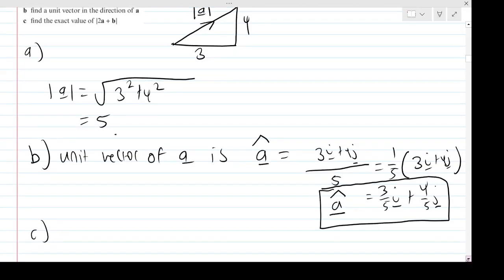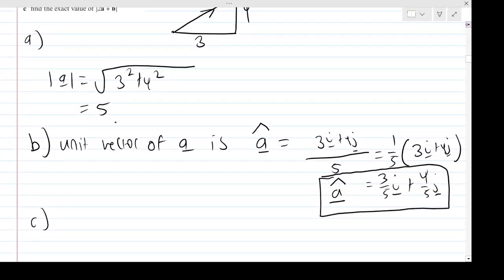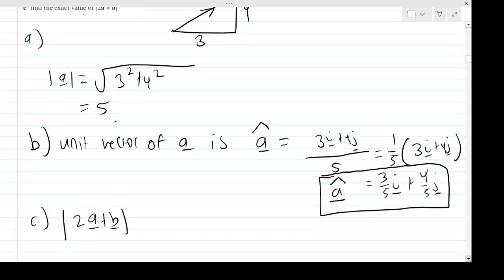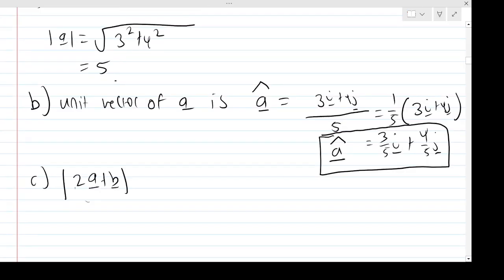Okay, part C, we need to find now the exact value of the double line of 2a add b. So 2 lots of vector A add vector B. Well, firstly, let's compute this vector 2a add b.